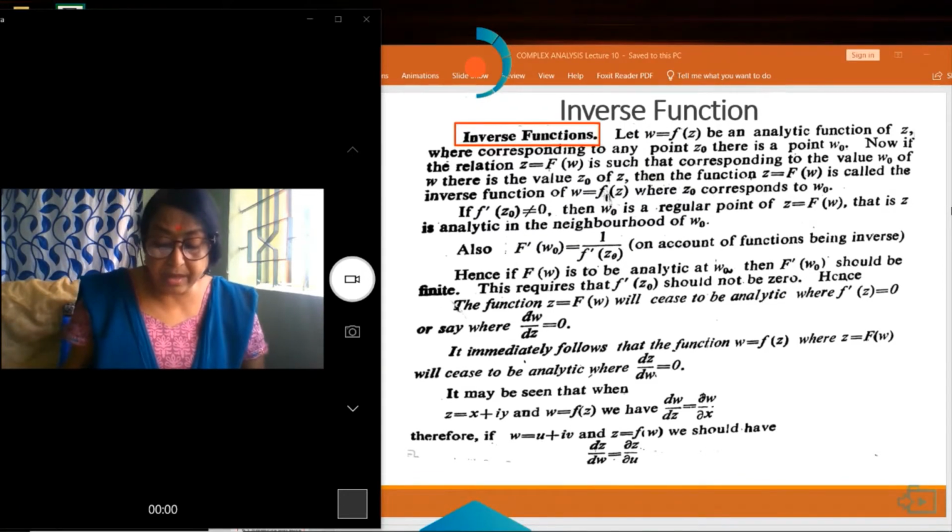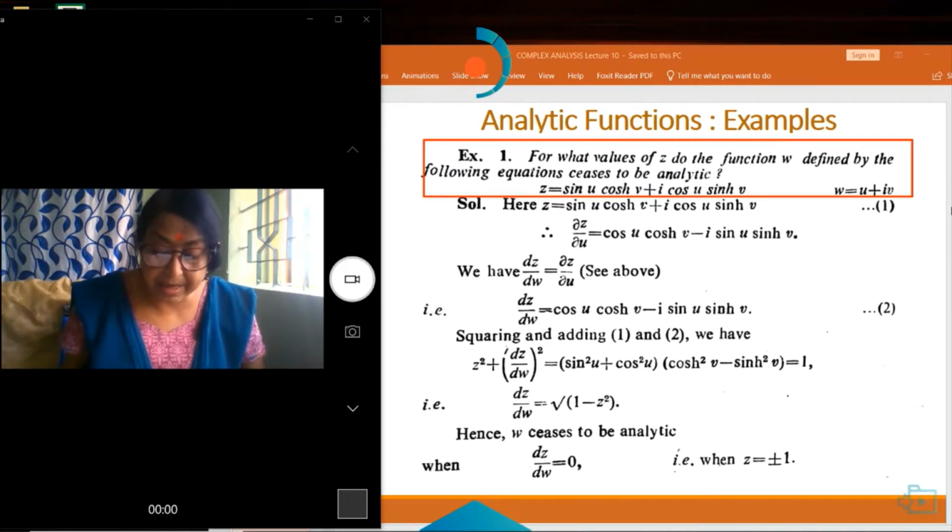Now, we will discuss some examples. For what value of z does the function w defined by the following equation cease to be analytic? Here, z is given.